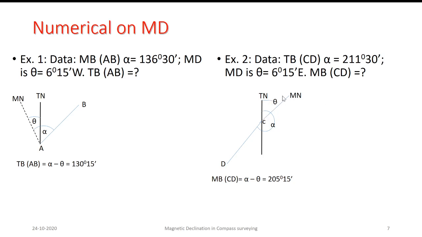Hence, this magnetic north direction should be drawn making an inclination of 6 degrees 15 minutes on the east side of the true north. So, in order to determine the magnetic bearing, this theta value should be deducted from alpha. As such, the value comes to be 205 degrees 15 minutes west.